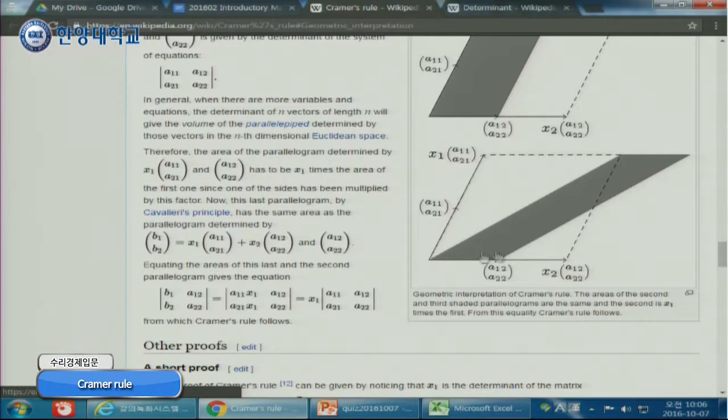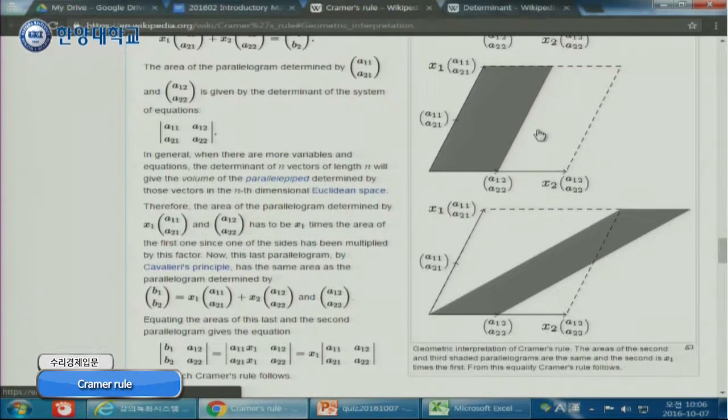B1, B2 is this one, A12, A22 is this one. So the determinant of this vector and this vector is generally the size of this area. The size of this area is basically equal to the size of this area, right? Because the height is the same. So the size of this area is exactly the same as the size of this area. Therefore, this determinant and this determinant should be the same, right?